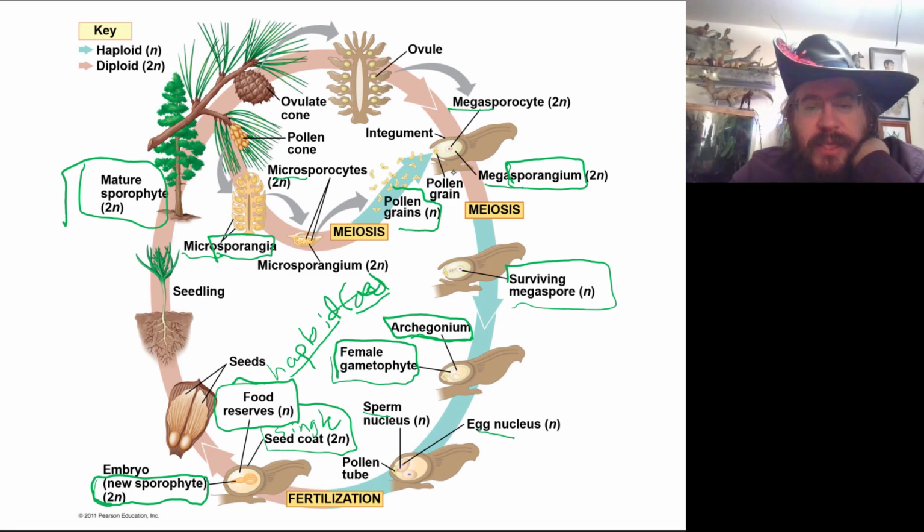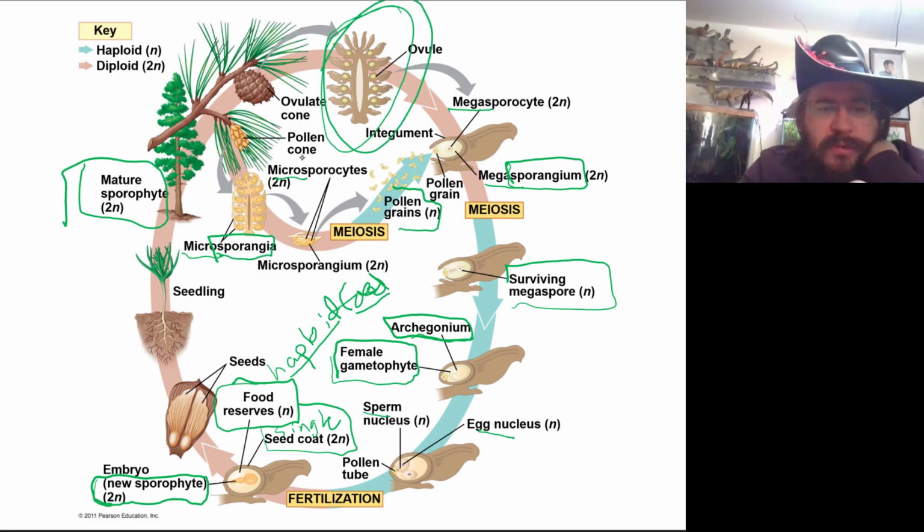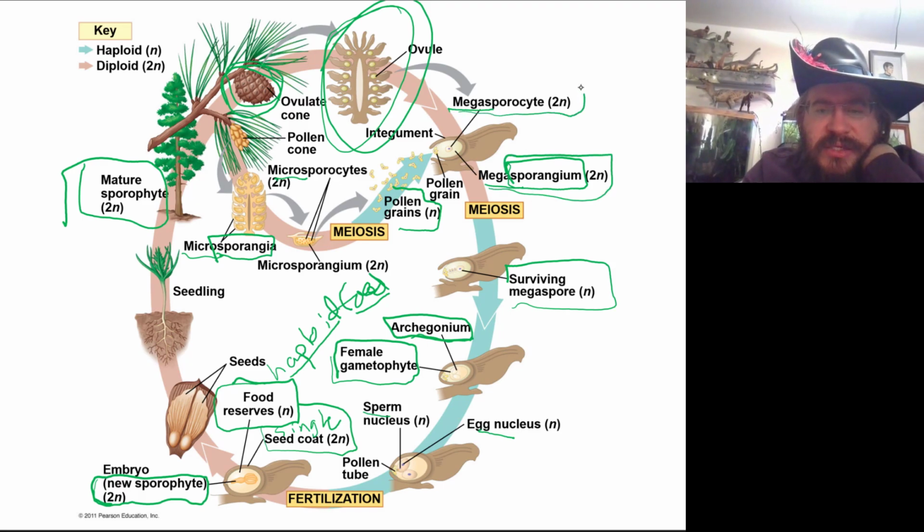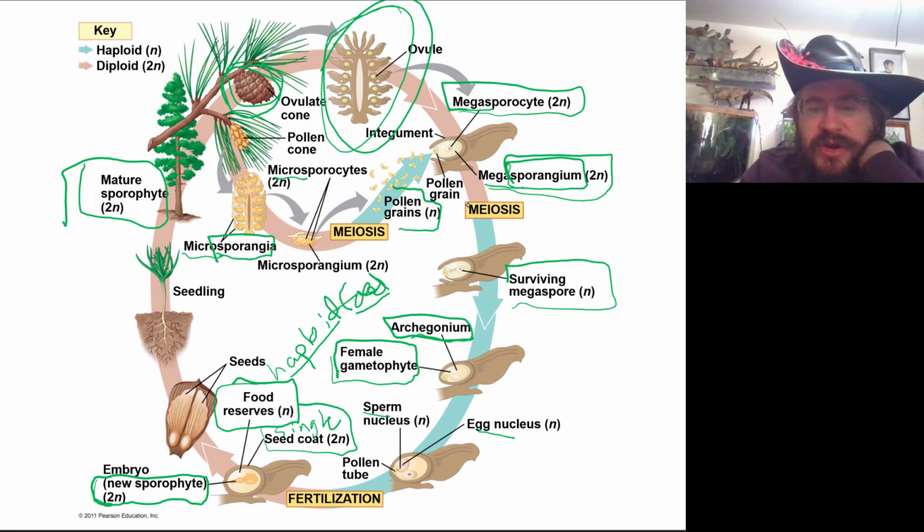But anyway, you have your ovulate cone, right? That's some vocab we have to add in there. And the ovulate cone has the megasporangium, which produces the megasporocyte, which undergoes meiosis to get the 4 megaspores, only one of which survives.